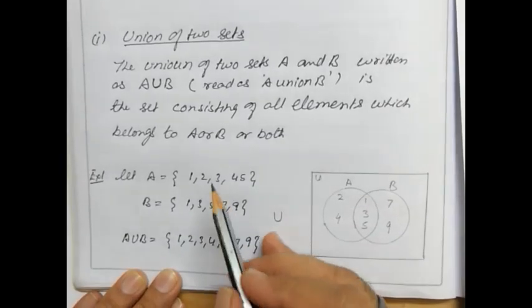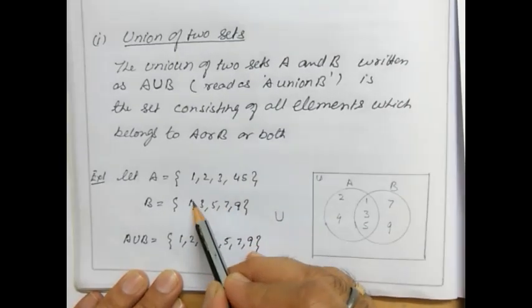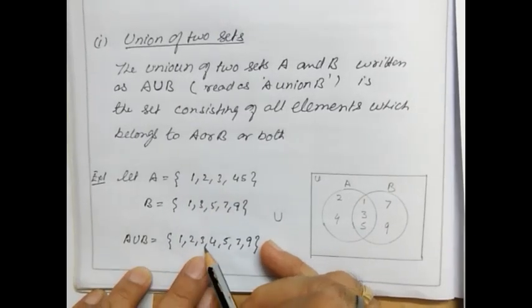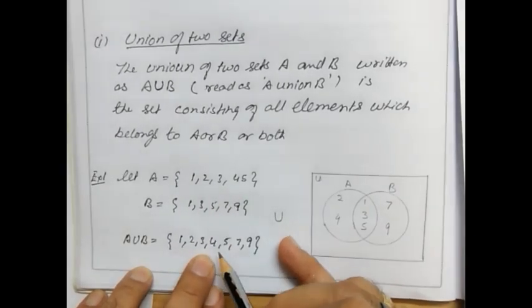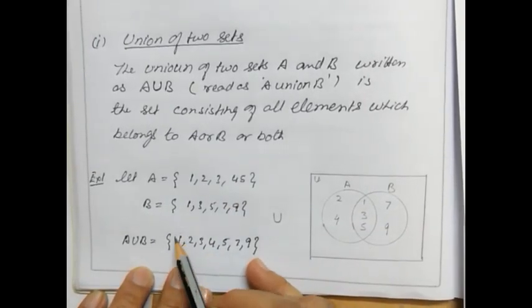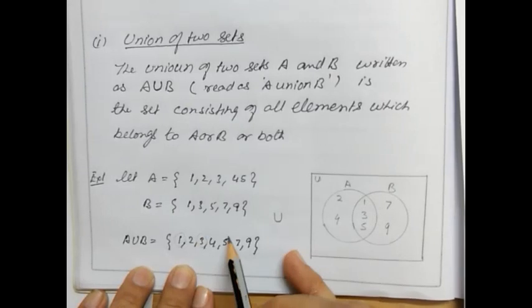Here you see that 1 was repeated, 3 was repeated, 5 was repeated, but they are written only one time each, isn't it?